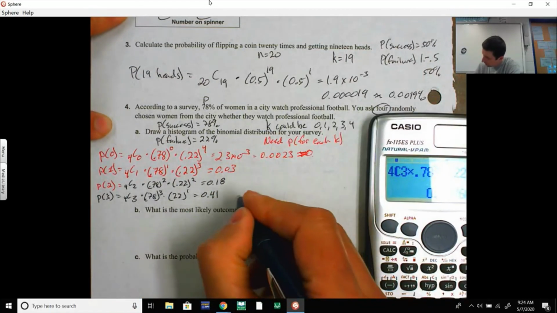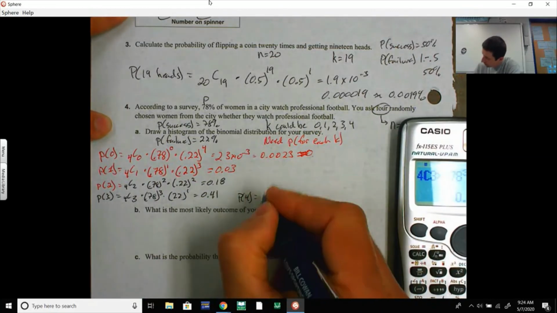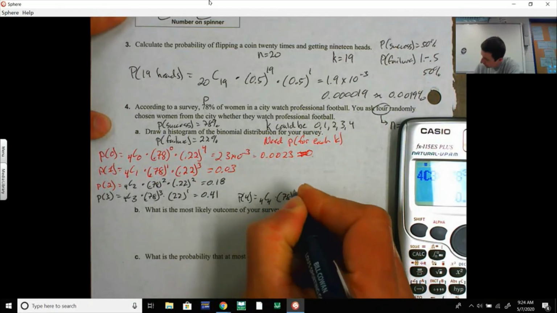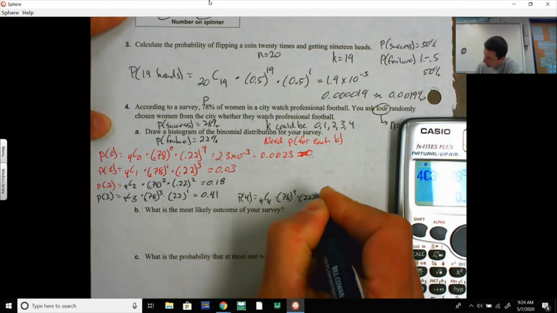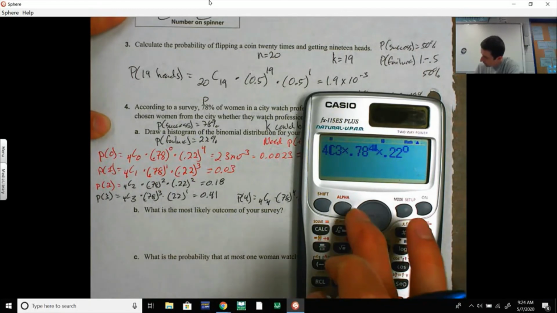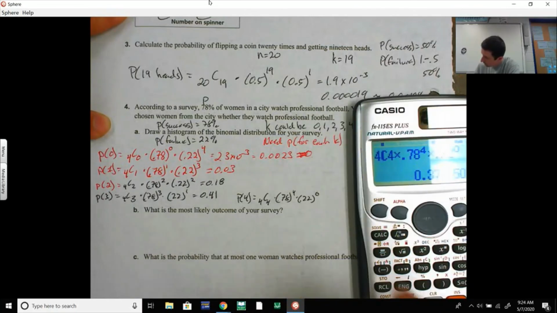Okay, the final one is probability of 4. What's the probability that all 4 would watch professional football? That's 0.78 to the 4th power times 0.22 to the 0 power. So 4 choose 4, and it dropped a little bit, 0.37.